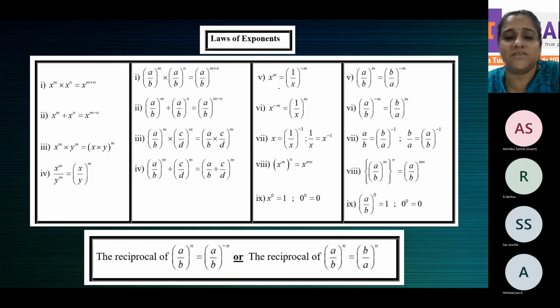Same. Okay, now let's see this. X to the power m can be written as... so what is the meaning of this? What is the other way of writing X to the power m? That's what we're learning through this law. This law tells us the other way of writing the expression which is given in the exponential form.